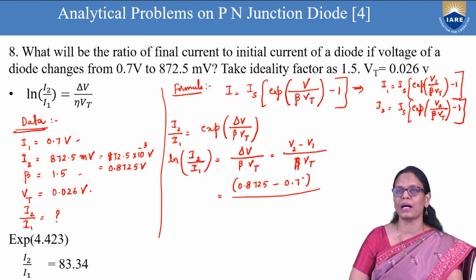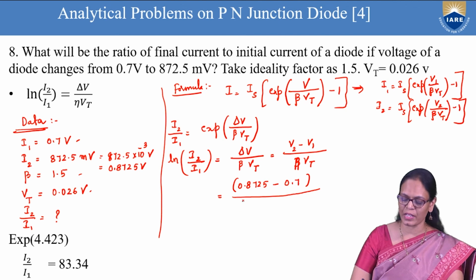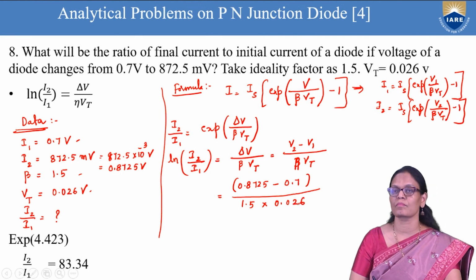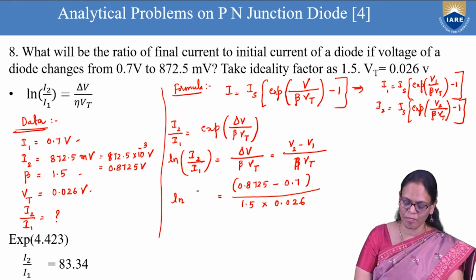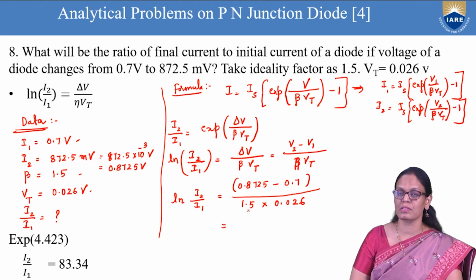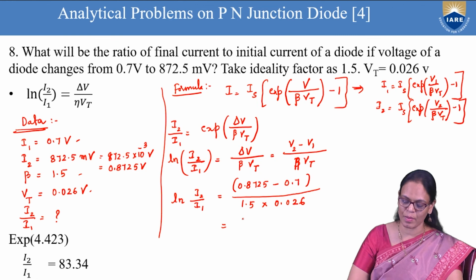This divided by beta is 1.5 and Vt is 0.026. So this is the value of ln I2 by I1. And if we simplify this, what we get is 4.423.